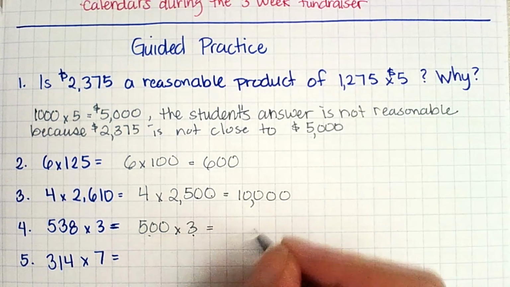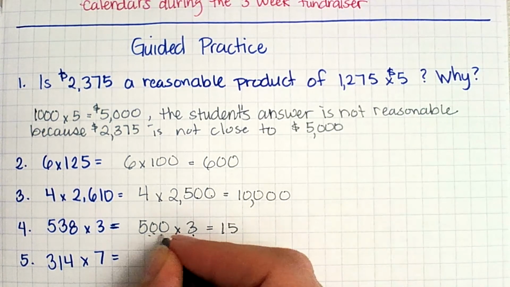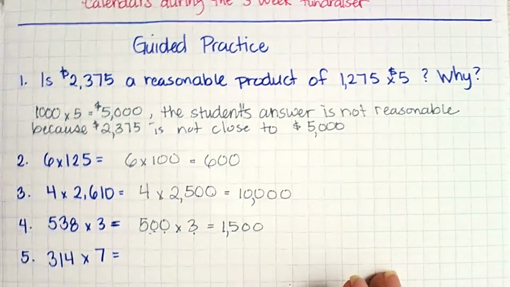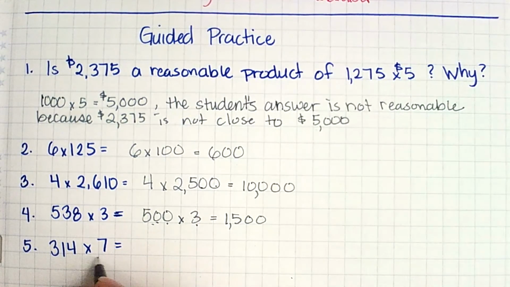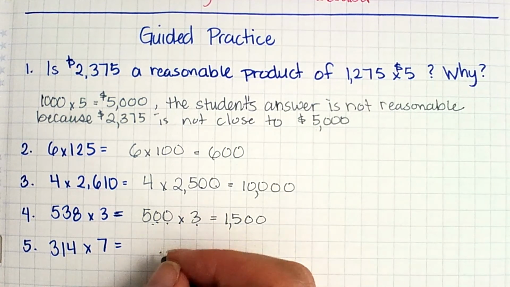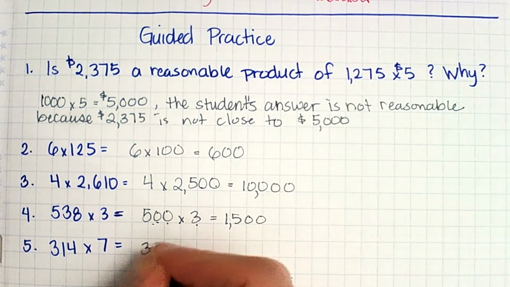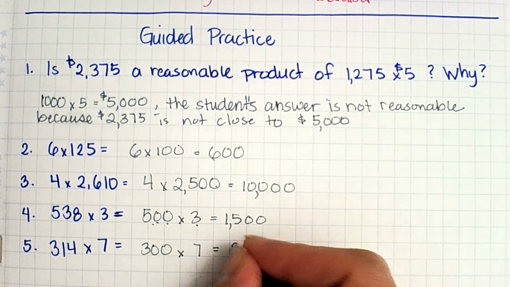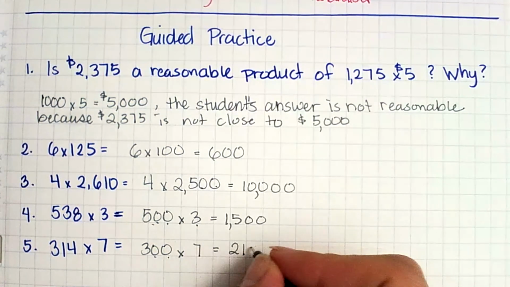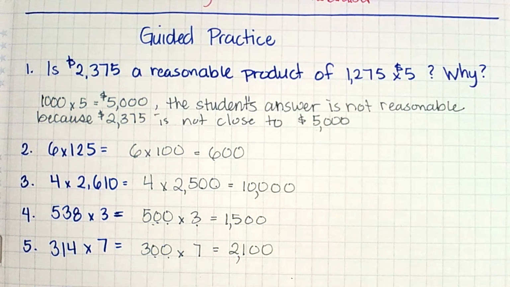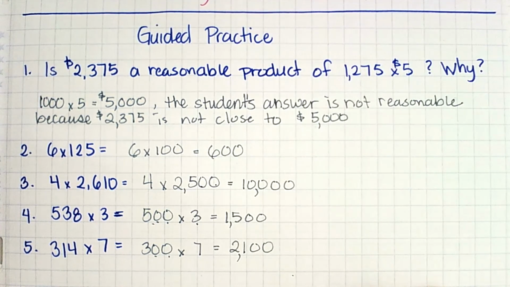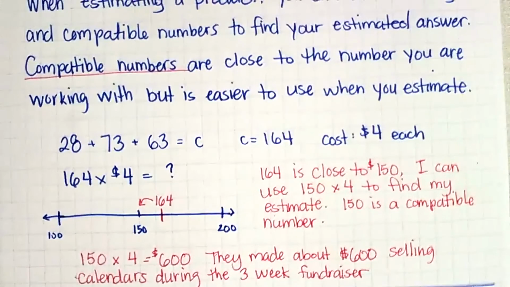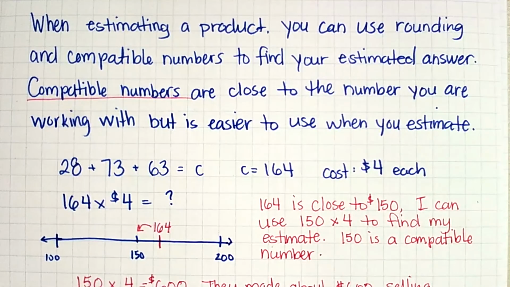I know 5 times 3 is 15 with 2 zeros on the end, so my answer is 1,500. For 314 times 7, I can round it again to the nearest 100, and this can become 300 times 7. I know 3 times 7 is 21, plus those 2 zeros, and I get 2,100.